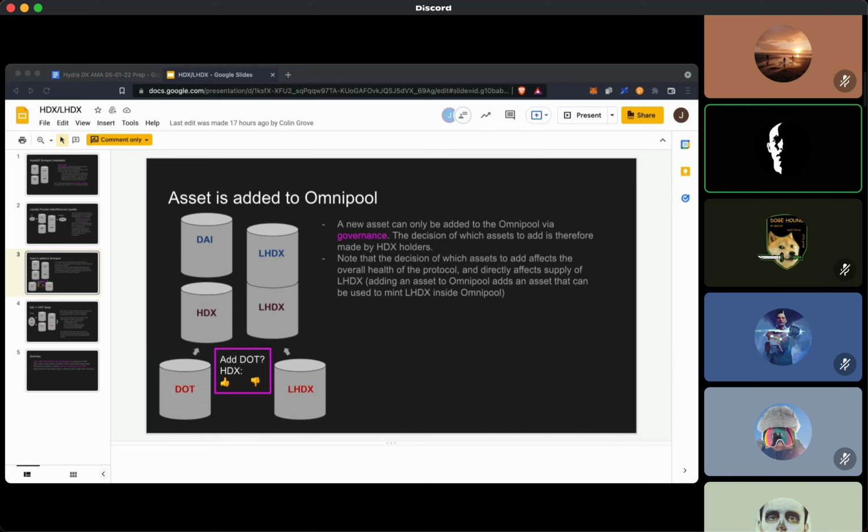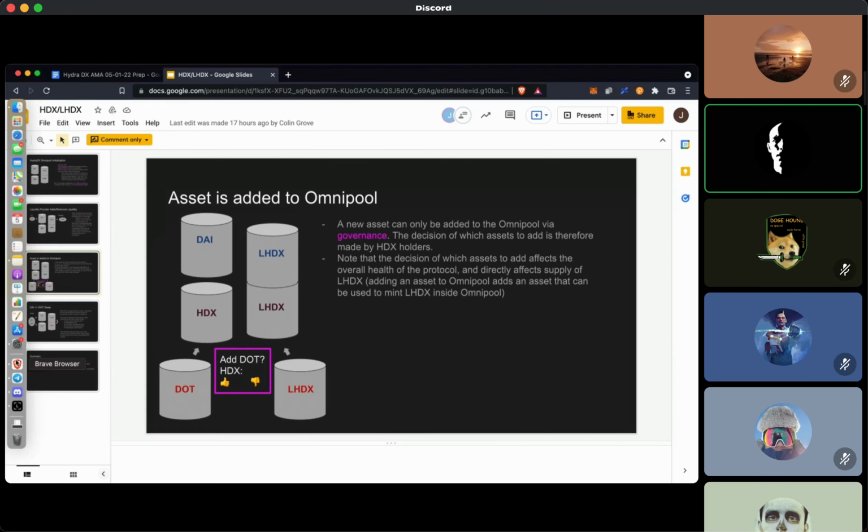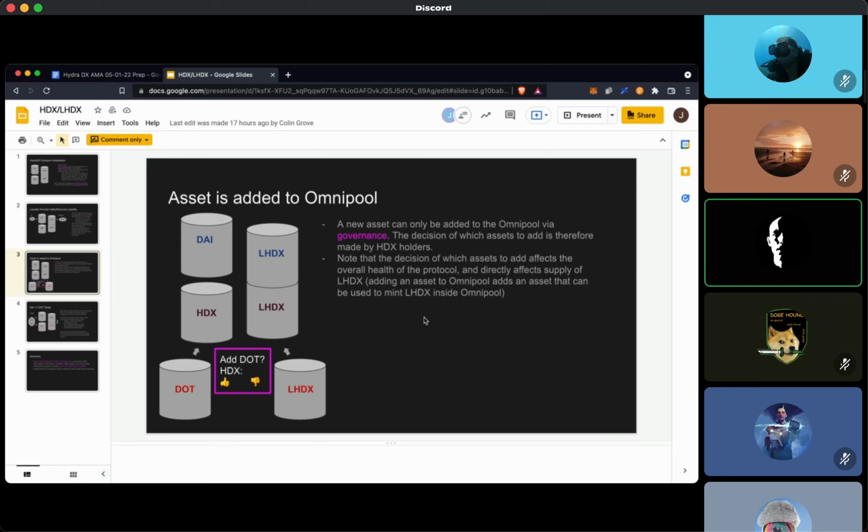Note that this decision indirectly involves LHDX supply. If we add DOT to the Omnipool, then LHDX can be minted whenever an LP contributes DOT liquidity, and that obviously has implications for the supply of LHDX.